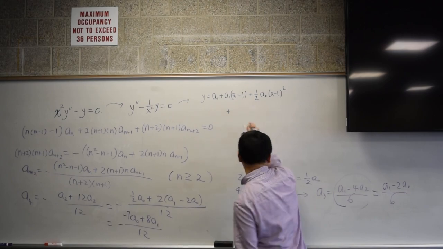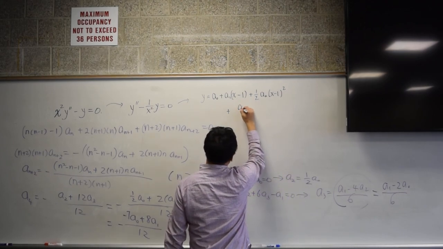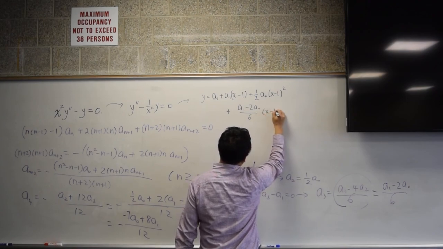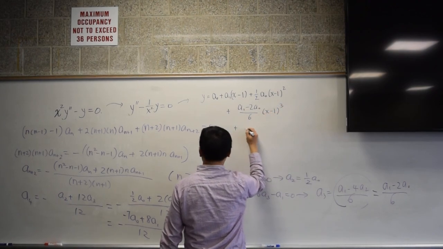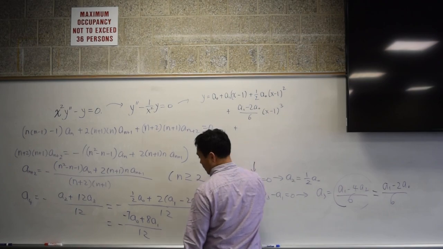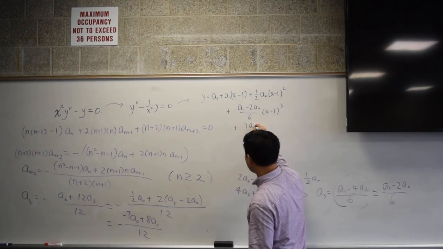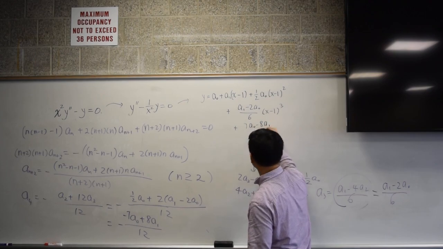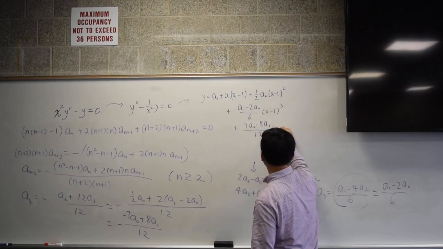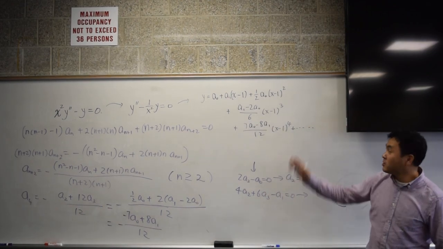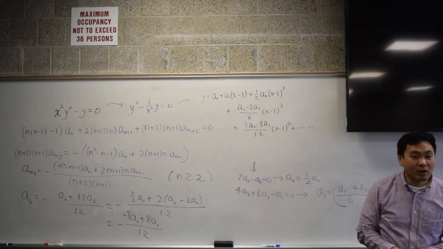And then plus a1 minus 2a0 over 6 times (x minus 1)^3 plus, if I multiply the minus, you get 7a0 minus 8a1 over 12 times (x minus 1)^4 plus and so on. Okay? And if you continue this process, you can get more terms.